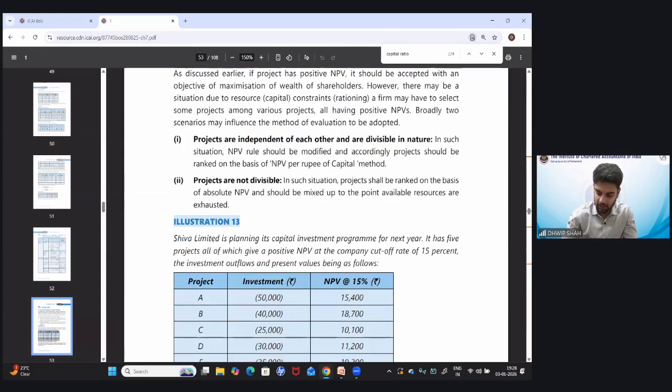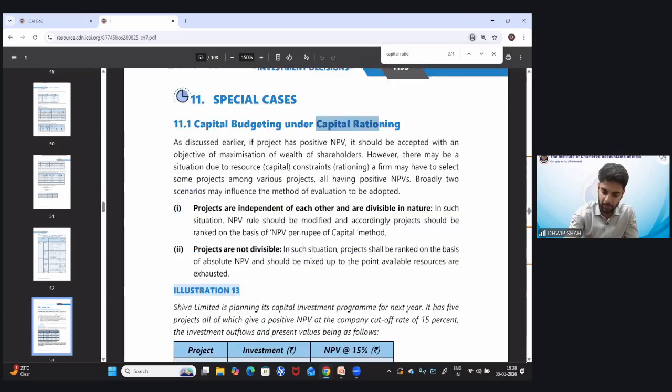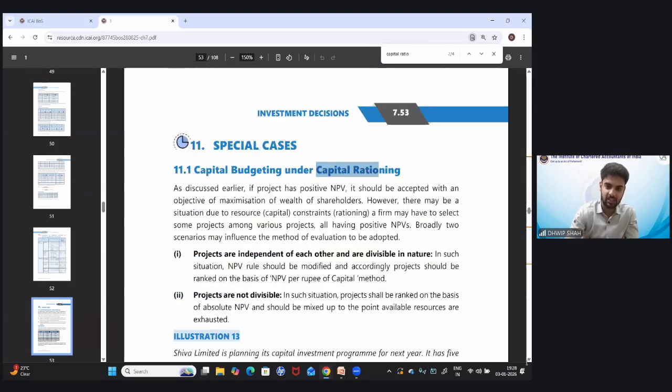7.53, everyone. Illustration number 13 is on capital rationing. Let's first see the theory and relate what we have learned. Capital means resource, rationing means constraints. If the project has positive NPV it should be accepted with the objective of maximizing the wealth of shareholders.